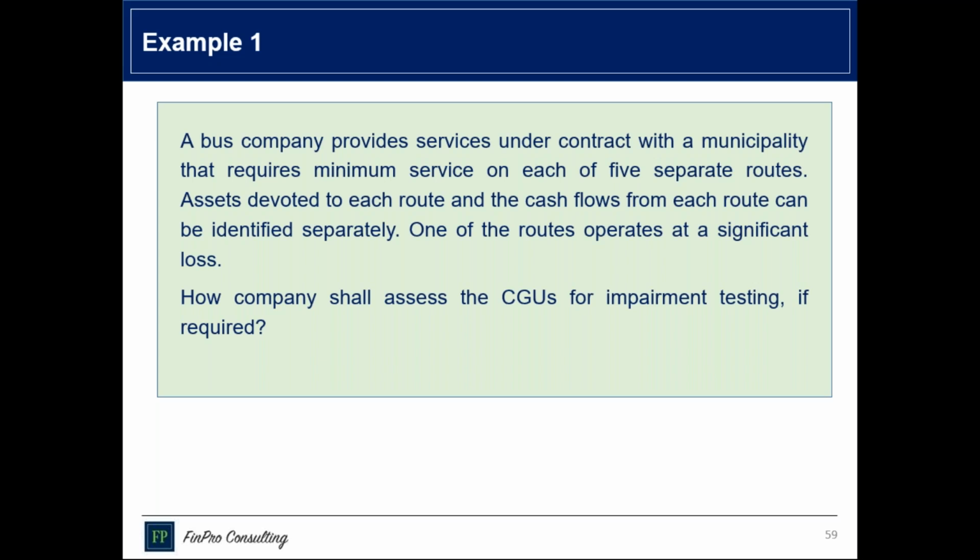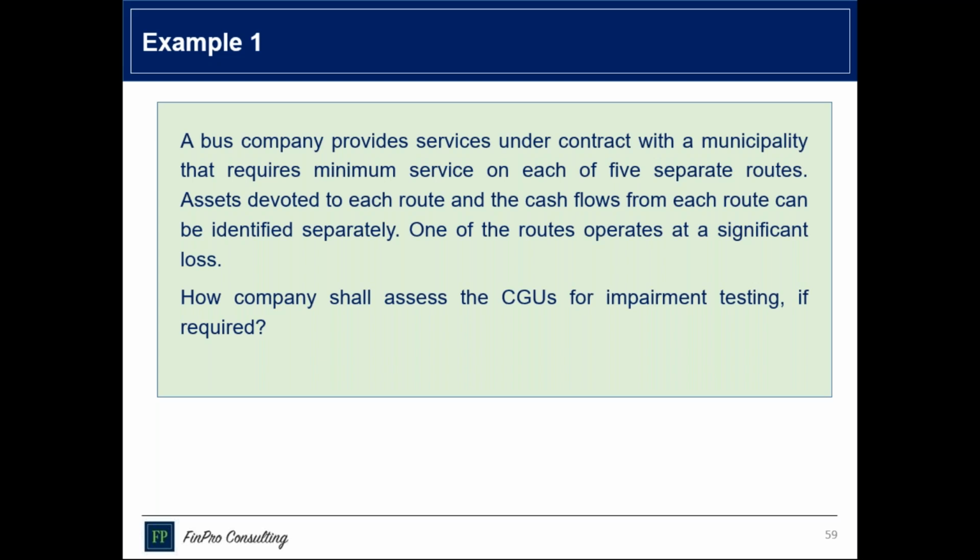In this particular scenario, according to us, a separate loss making route will not be considered for impairment, but all these 5 routes should be considered as a CGU for identifying whether an impairment loss has occurred, because as a company I do not have a choice to select a particular route for providing the services. So either you provide the services on all 5 routes or you do not provide any services.